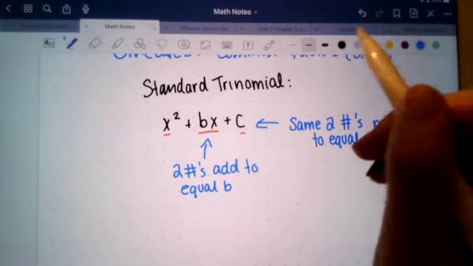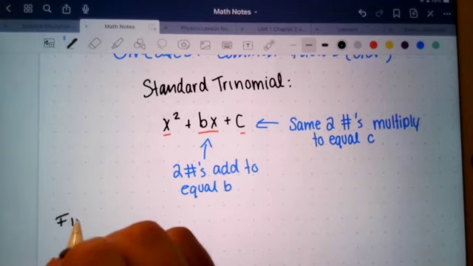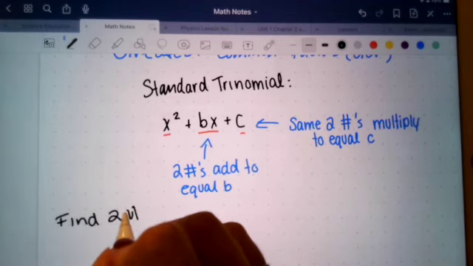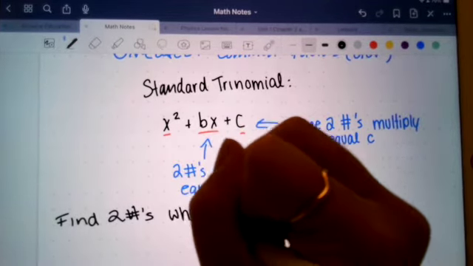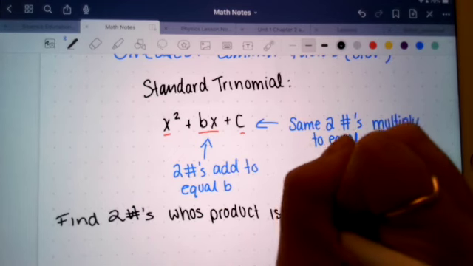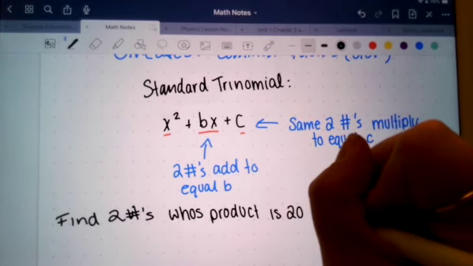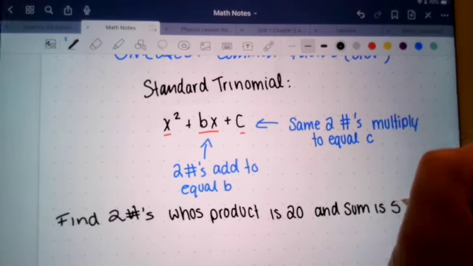So if I ask you to find two numbers whose product is 20 and the sum is 5.